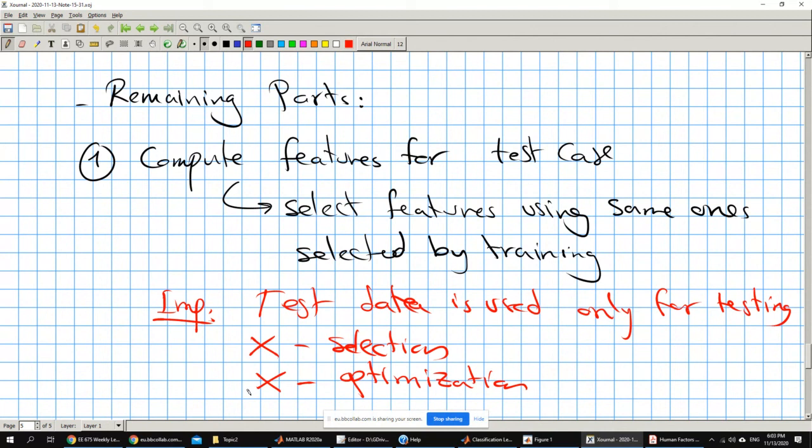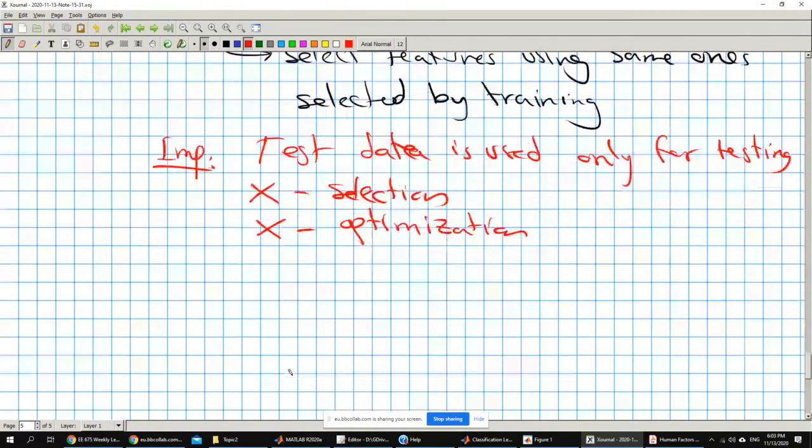You cannot have a feature space for the training data with a dimension of 30 and a feature space for the testing with a dimension of 40. It doesn't make sense. You have to train for the same dimensionality of the classifier.